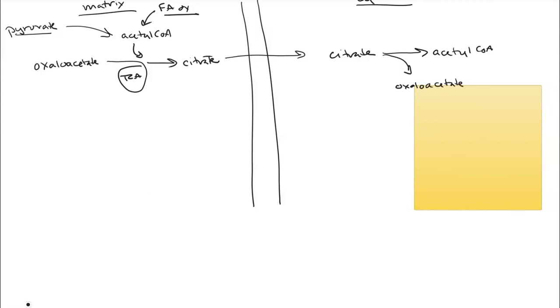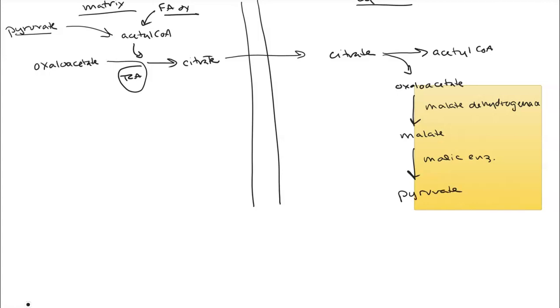So it goes back to oxaloacetate, and then we can interact with malate dehydrogenase to make malate. And then we can have malate interact with malic enzyme to give us pyruvate.